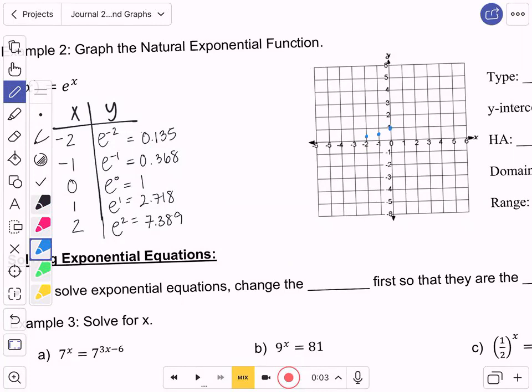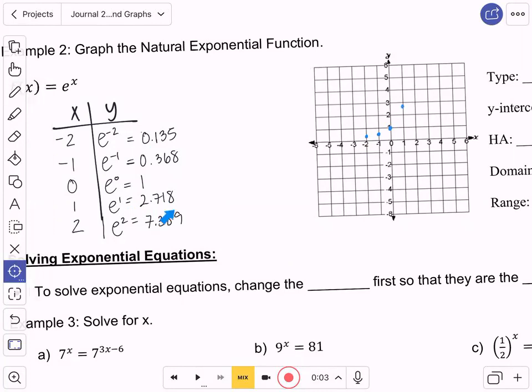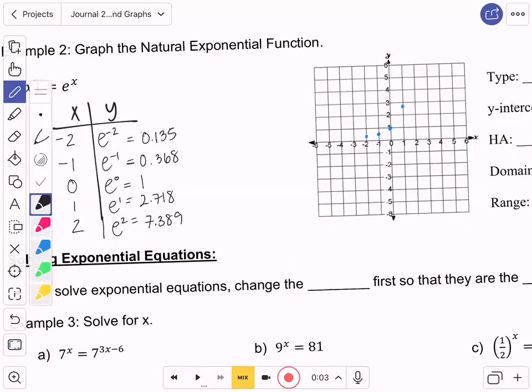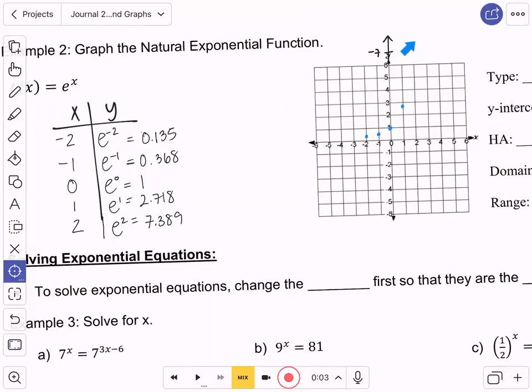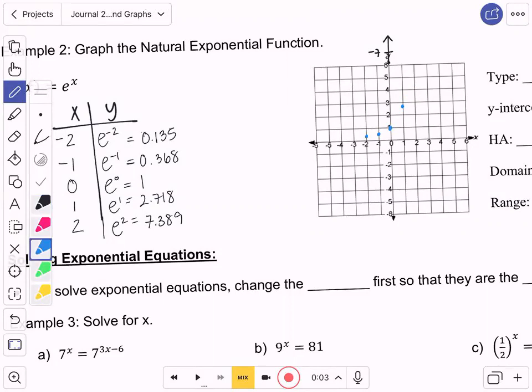At 1, it's at 2.718, so a little bit below 3. At 2, it's at 7.389, a little bit higher than what my graph is showing. So I'm going to extend the graph a little bit higher than 7 to represent 7.389, maybe right here.